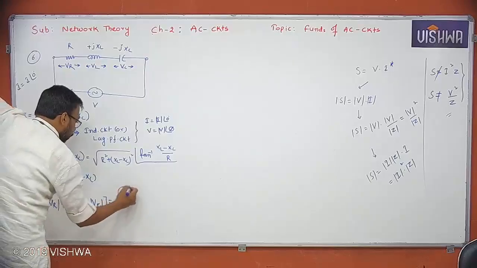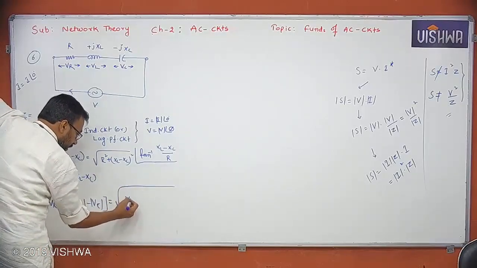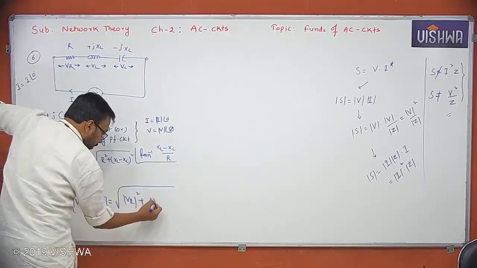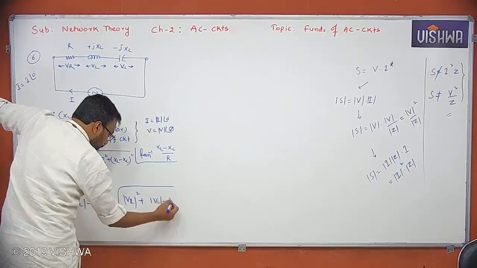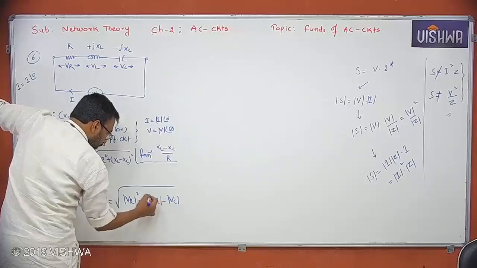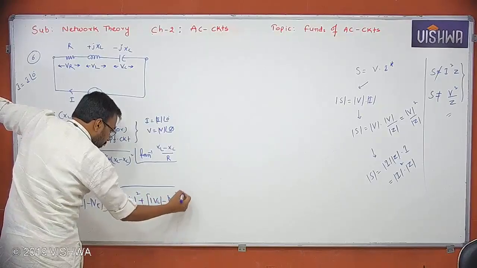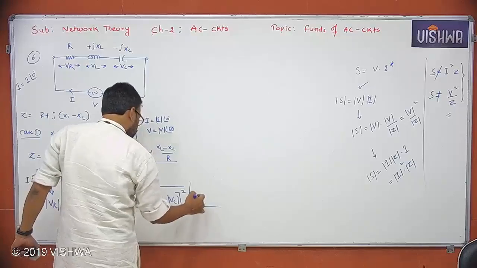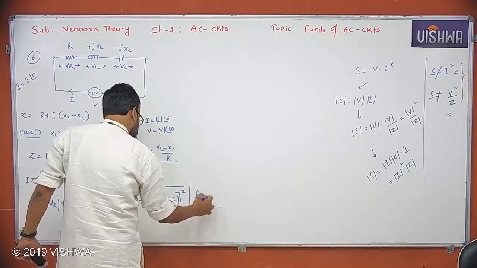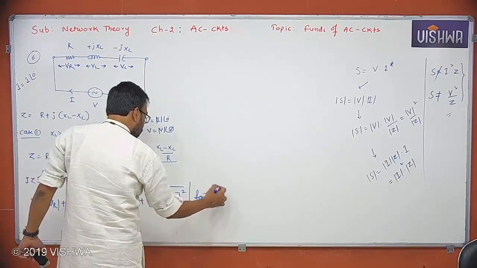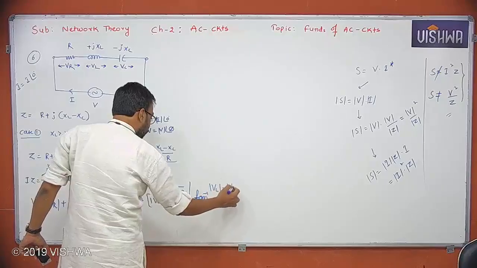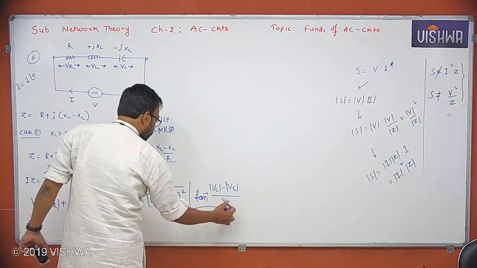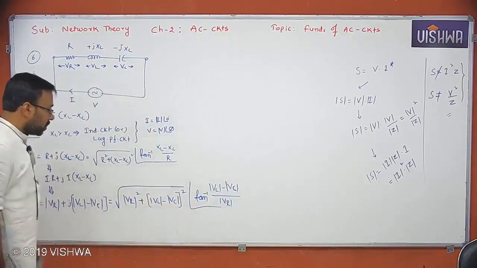It is equal to root of VR square plus VL minus VC whole square, at an angle of tan inverse of VL minus VC by VR. Clear, all of you? Okay. So this is how you deal with it.